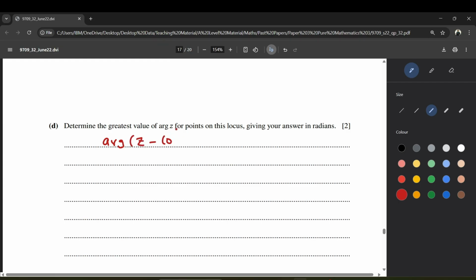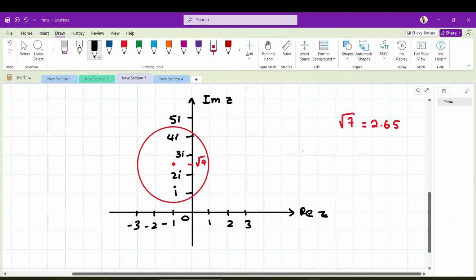Because it just says z, so it is understood that we need to find the angle of z from 0, 0. And what we are trying to find is the greatest angle. This is what our question is. Okay, all right, so let's see.